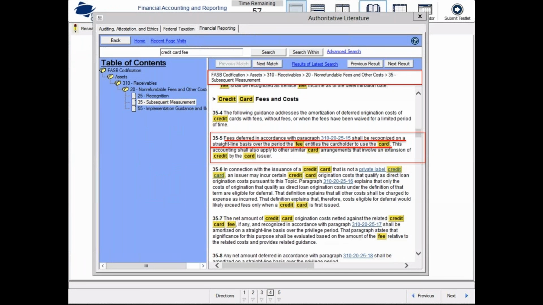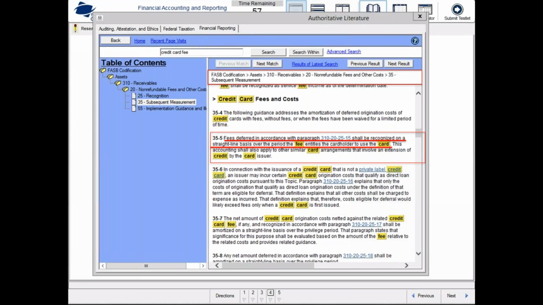So if we go to the credit card fees and costs section under this piece of the codification, we actually are able to find exactly how to account for these fees. So if you look in section 35-5, which I did put a little box around so we could read it together, it says fees deferred in accordance with paragraph 310-20-25-15 shall be recognized on a straight line basis over the period the fee entitles the cardholder to use the card.